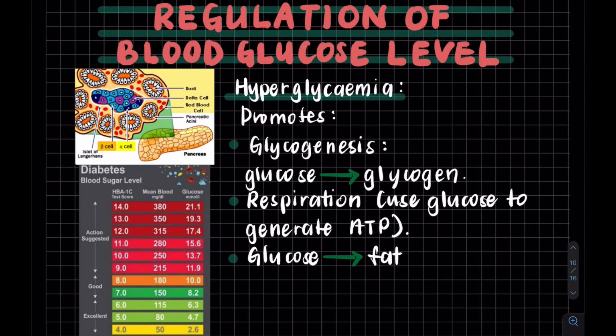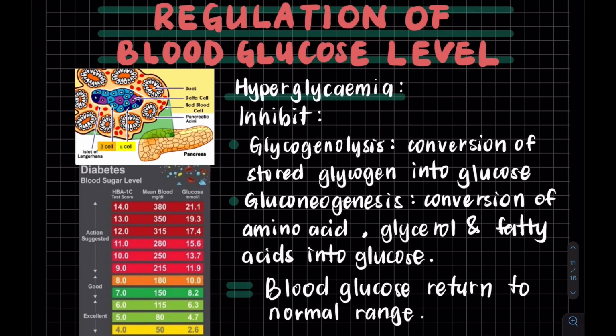The uptake of glucose from blood by liver, muscles, and adipose tissue will cause the blood glucose level to decrease. The presence of insulin in the tissue will also inhibit glycogenolysis and gluconeogenesis, both of which will increase blood glucose level. Since these two processes are inhibited, blood glucose level will return to normal.